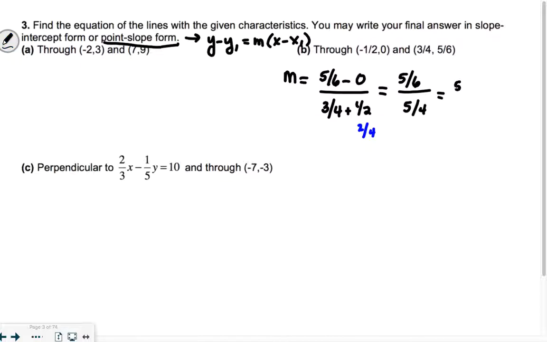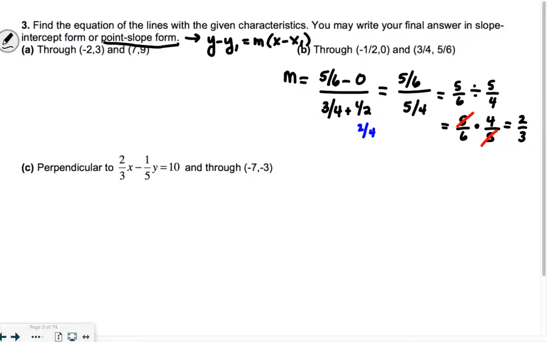So we get 5/6 divided by 5/4. So we flip it and do 4/5, and we reduce down. So we get 2/3. So that's our slope.